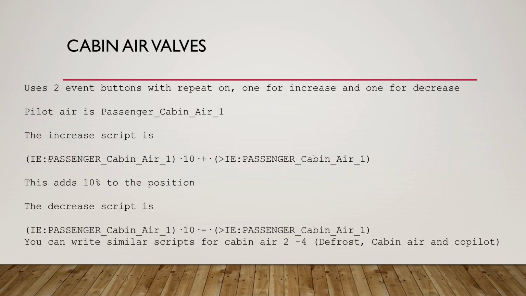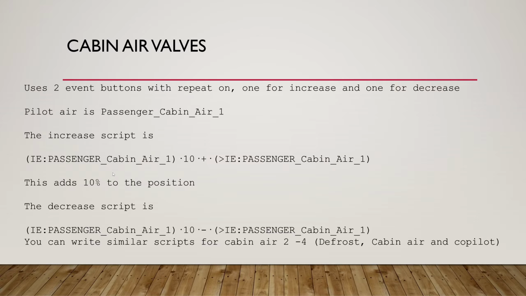We don't need to put any limits on it because it's an input event. That's one of the advantages of using these input events, is that they're designed for ease of use. We don't have to put limits on those. And here's the decrease script.